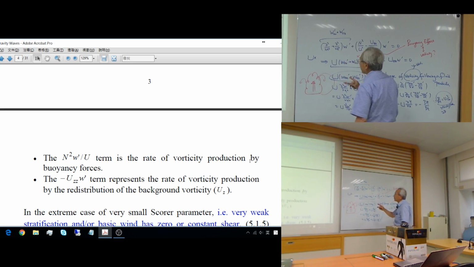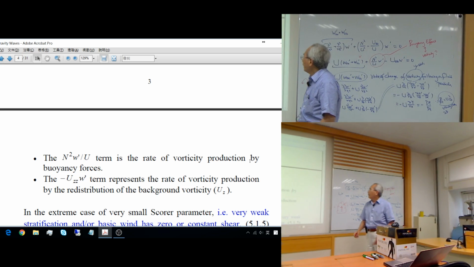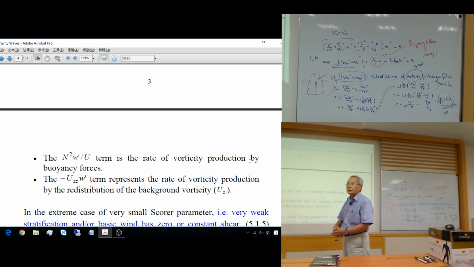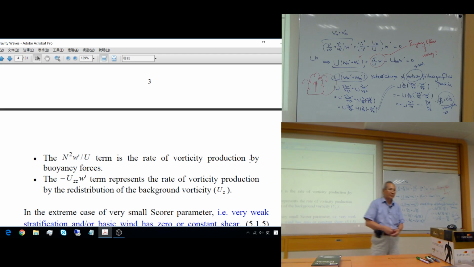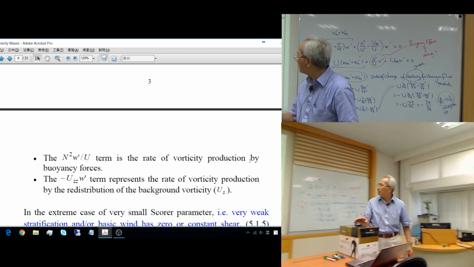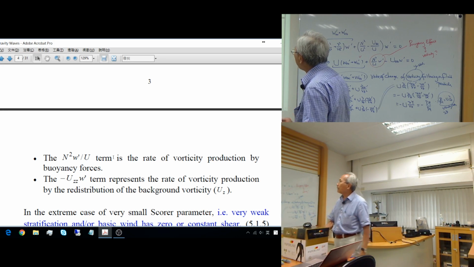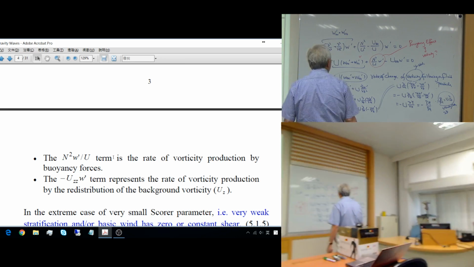So this is the rate of vorticity production by buoyancy force, and then negative u g g w prime.